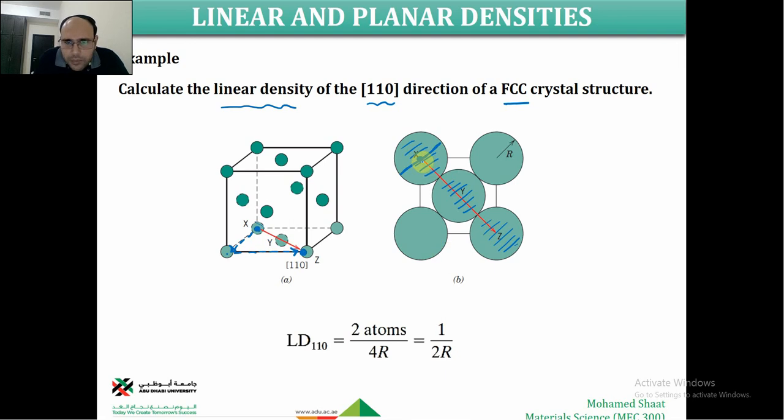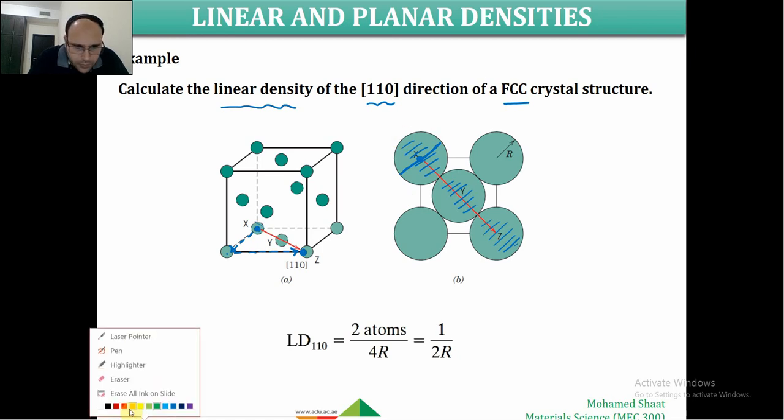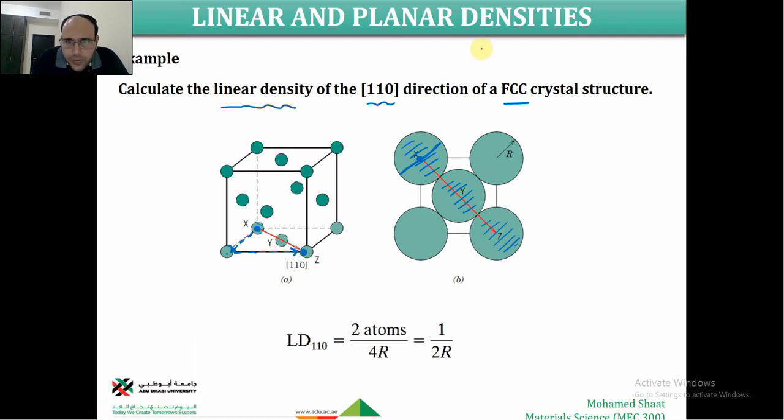Because the vector starts from the center of this atom, this other half doesn't belong to the line. Make sense? This part is not part of the vector, it is not part of the direction. Only half of the atom is located over this vector.